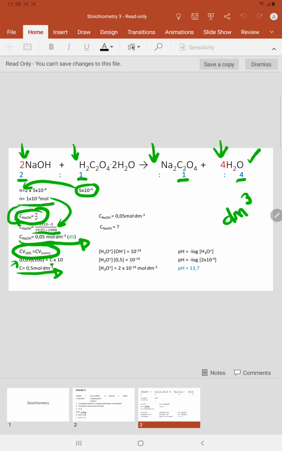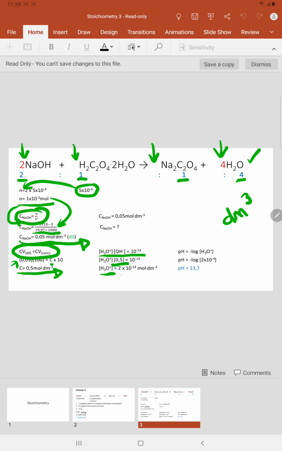We're now going to substitute to find the hydronium ions. So we use this formula: H3O+ times OH- equals 10 to the minus 14. So we already know, since sodium hydroxide gives a hydroxide ion, we substitute the value 0.5 for the hydroxide and we solve for the hydronium ions.